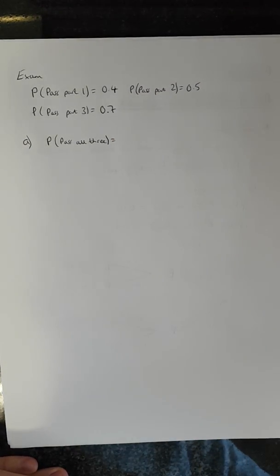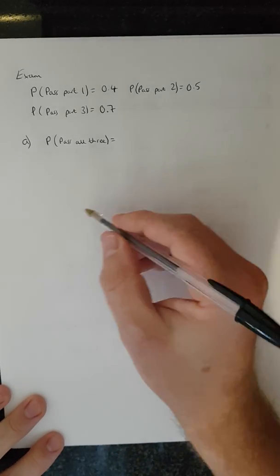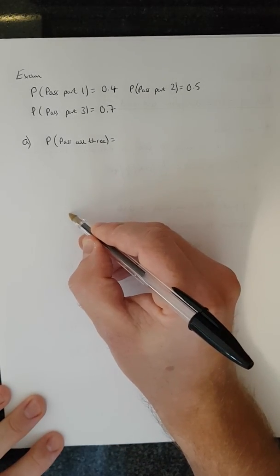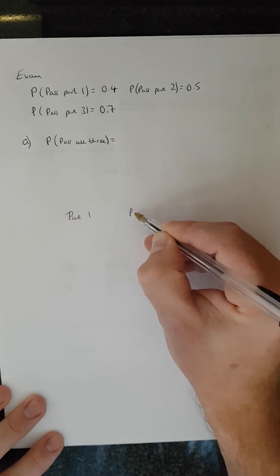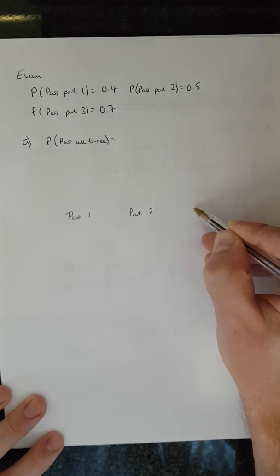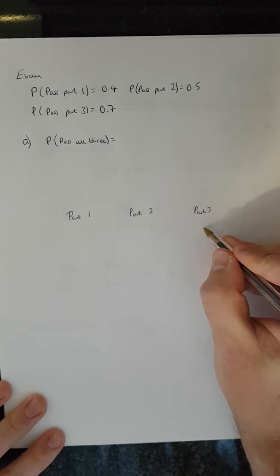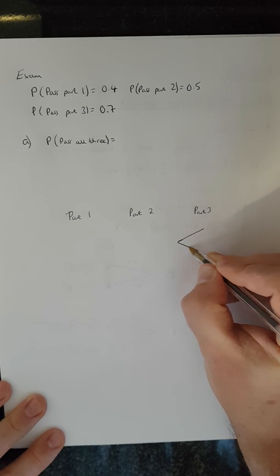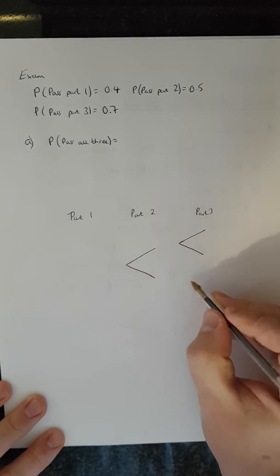Now, because of where we're doing this, I'm going to draw a tree diagram now. Bear in mind there are 3 events. So it's part 1, part 2 and part 3. And what I'll do is I'll draw part 3 and part 2 first.